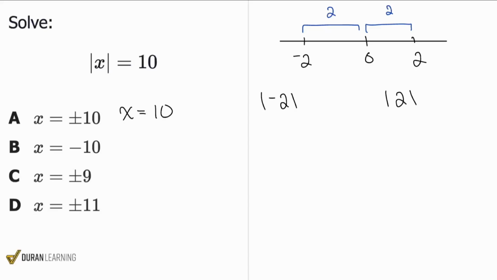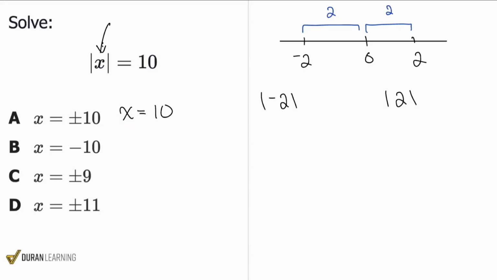Because if I throw in a positive 10, is the sign going to change? Is the absolute value of a positive number still positive? The answer is 100% yes. Let's say this was 10 all the way over here. The distance between 0 and +10 is still 10. So this is one of the answers that will work.